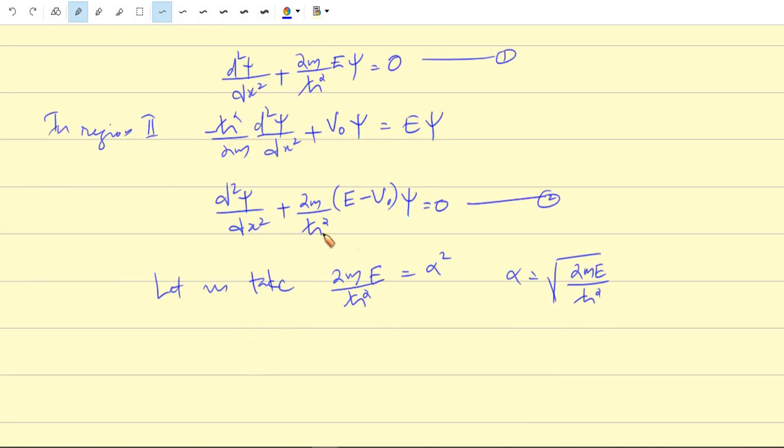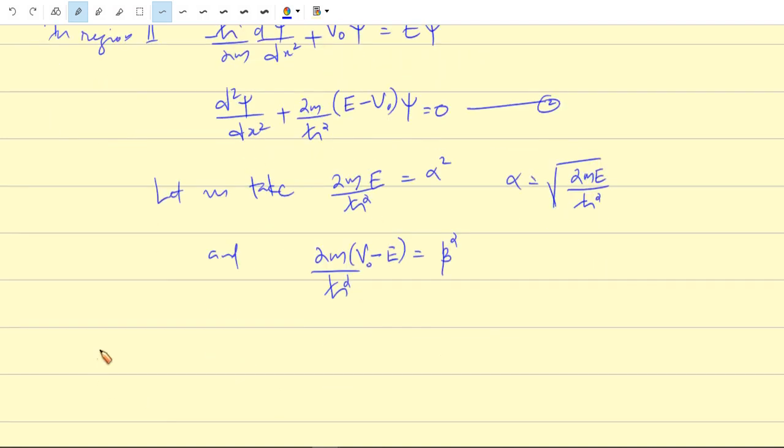Similarly, in this second equation, here E is less than V0. So 2m (V0 minus E) by h cross square is equal to beta square. Okay, so substituting these two values in equations 1 and 2, equation 1 will become d square psi by dx square plus alpha square psi is equal to 0.